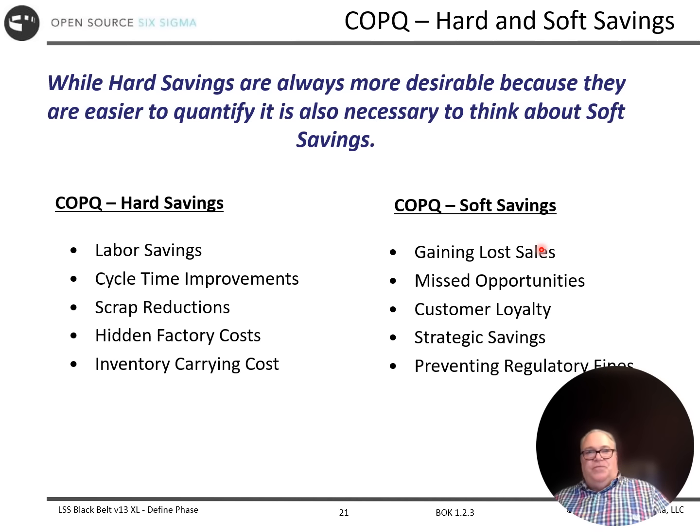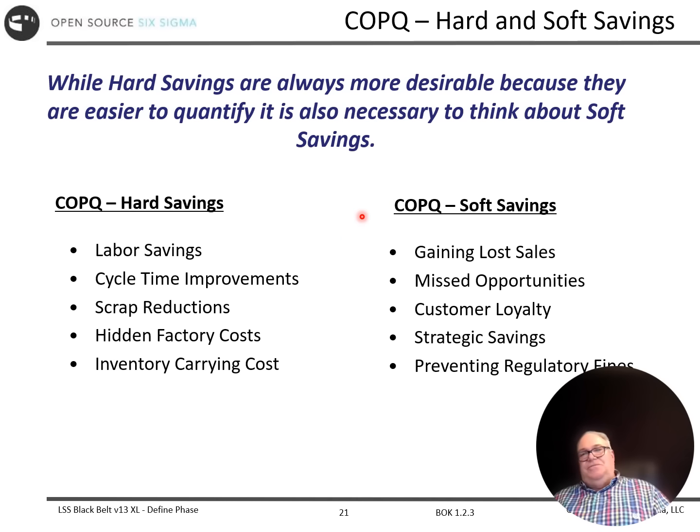Getting a customer for life, missed sales opportunities because we didn't have either the capacity or the quality level to get to the next place. Preventing regulatory failures. If a regulatory agency decides you're not meeting the minimum requirements, well, hey, that's going to shut the whole system down until they're satisfied again.